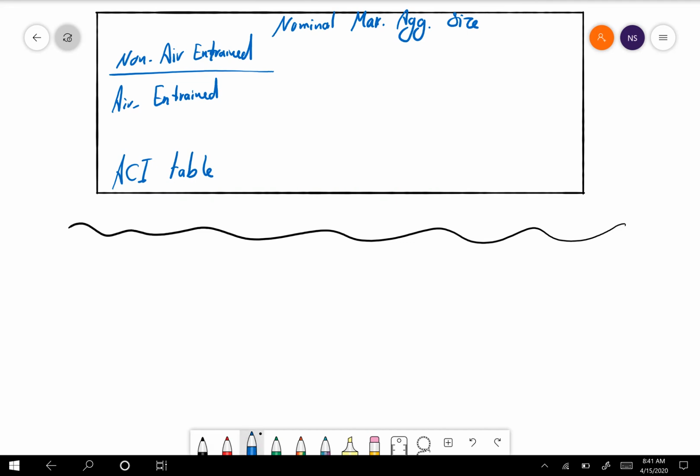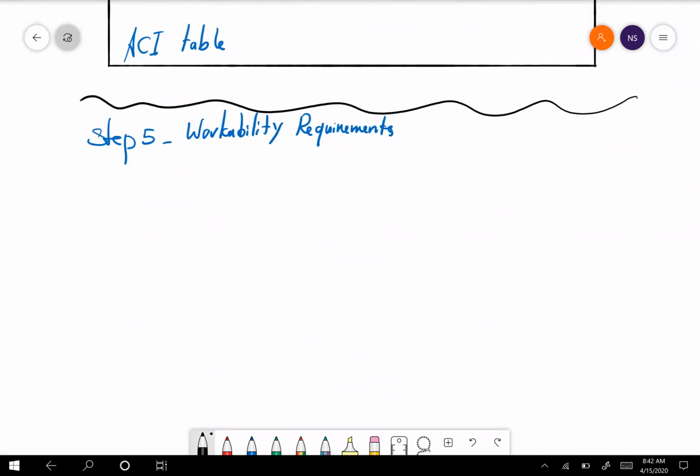And then the next step, step 5, is that we need to know what kind of workability we need, so workability requirements. As we mentioned, workability is basically measured with slump.